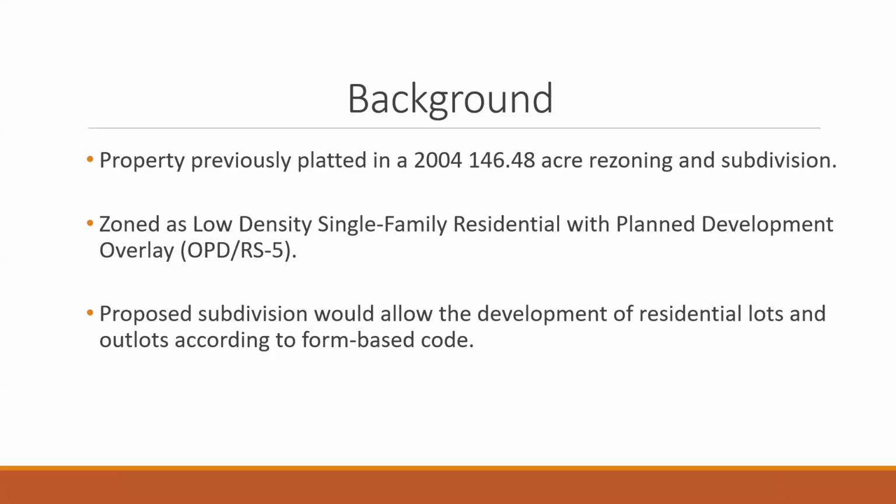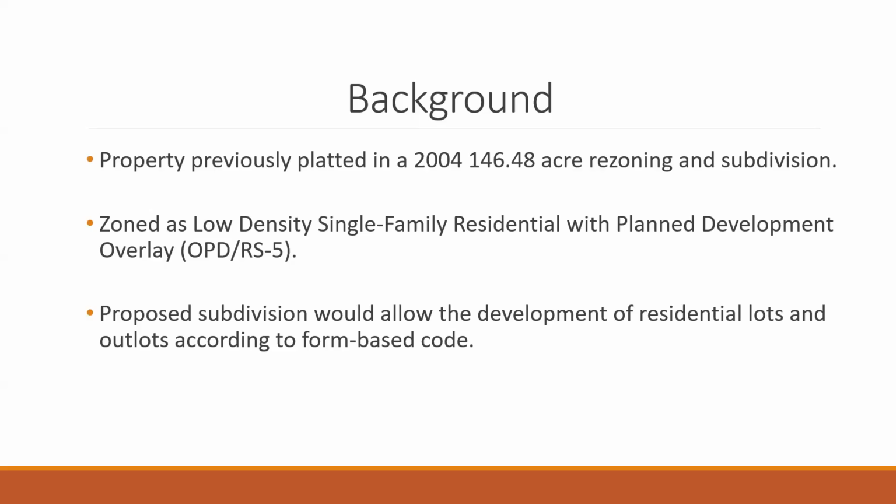As previously discussed, the subject property was included in a 2004 rezoning and preliminary plat application. In the original rezoning and preliminary plat, the applicant dedicated 17.4 acres of open space to the city despite only 2.4 acres being required. This dedicated open space allowed for the creation of the Sand Prairie Park.